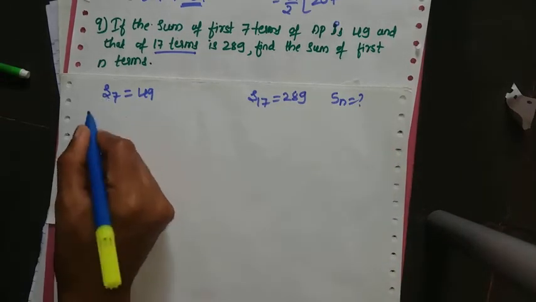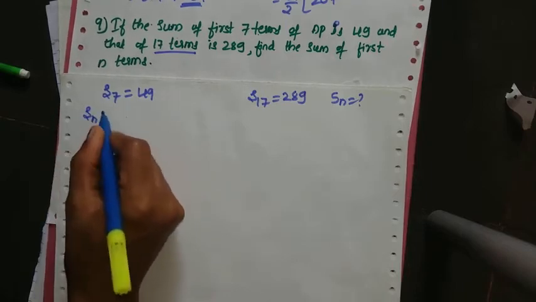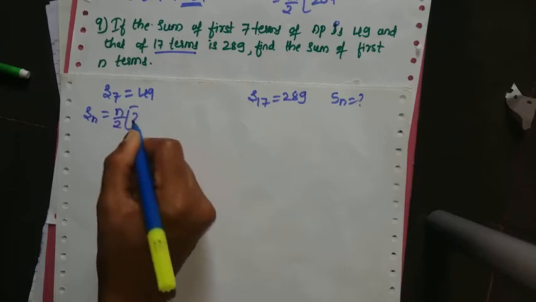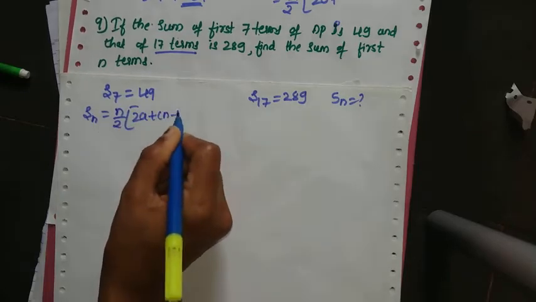We know the Sn formula. Sn is equal to n by 2 into bracket of 2a plus (n minus 1) into d.